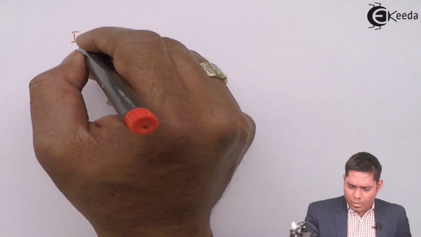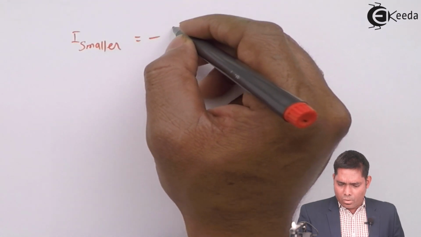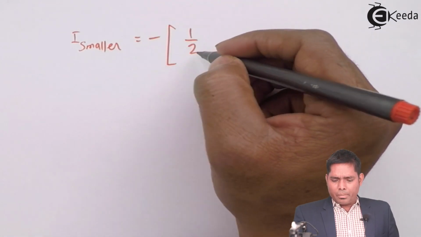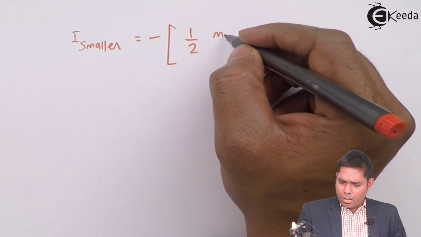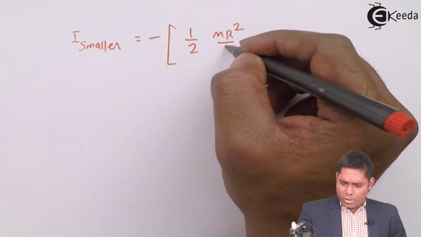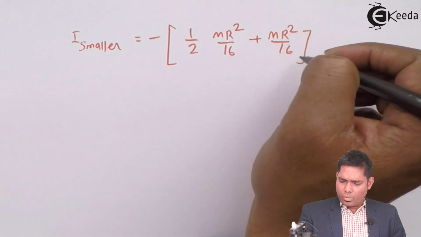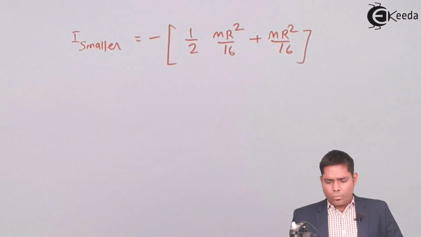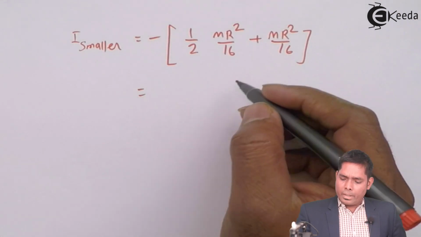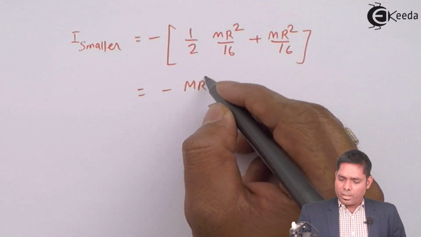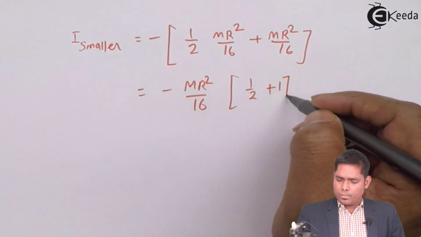The moment of inertia of the smaller disk is minus of, that means it has to be subtracted, minus half of m r square by 16 plus m r square by 16. Okay, because that is 4 times 4 is 16, so this should be there. Now it is m r square by 16, I take common, and this is half plus 1.